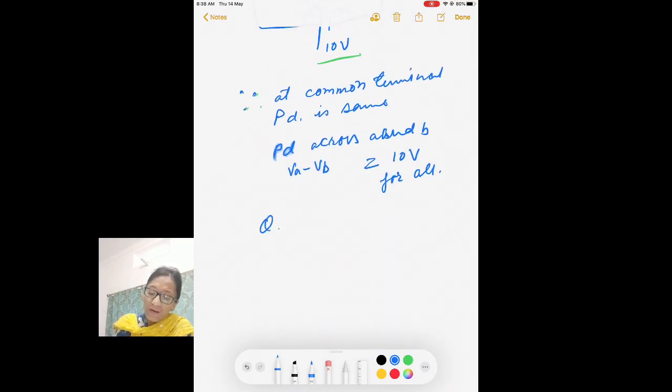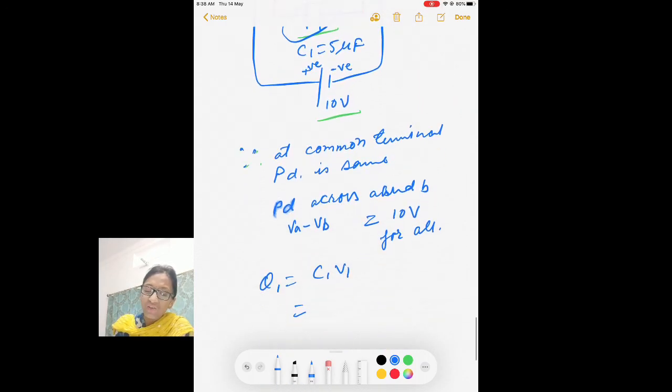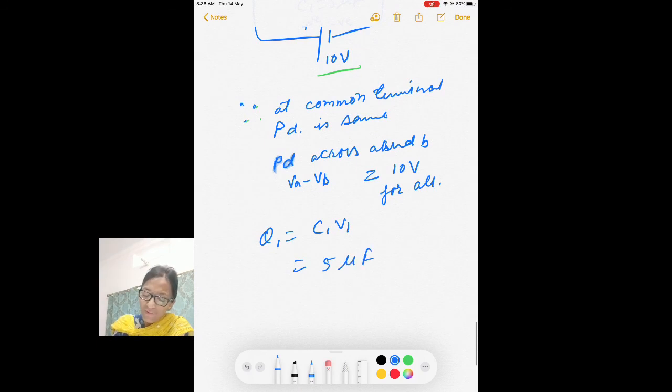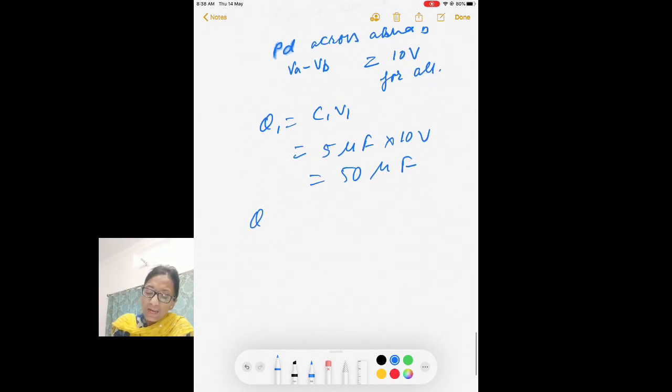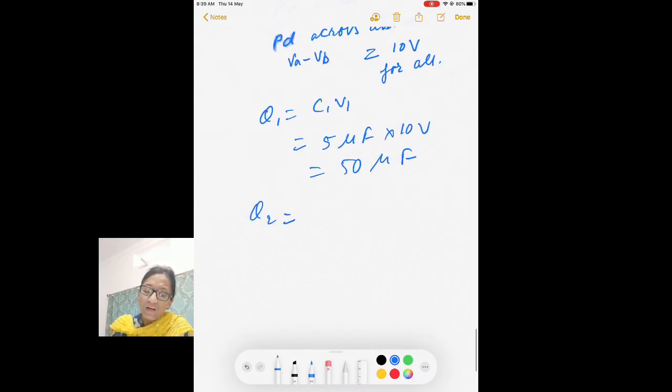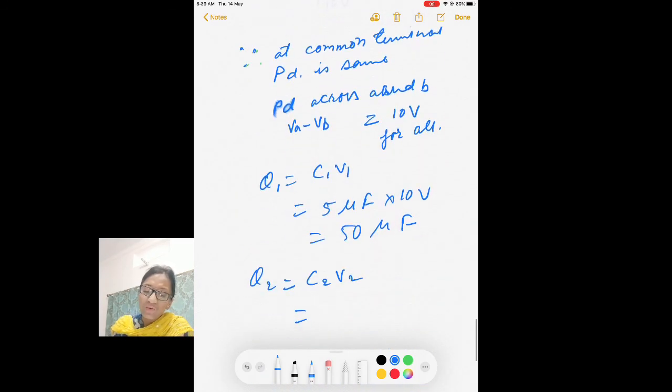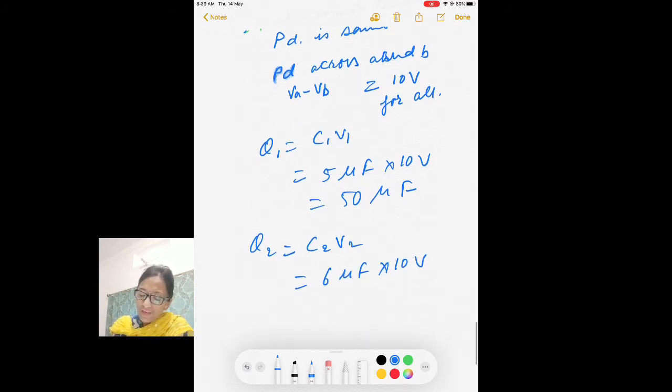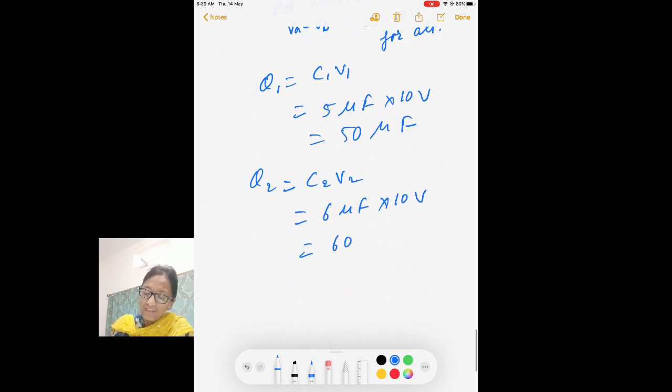Let me find Q1, which is equal to C1V1, which is C1 given 5 microfarad into V1, 10 volt, and this is equal to 50 microcoulomb. Q2 is equal to C2V2, C2 given 6 microfarad into the same 10 volt, and this is equal to 60 microcoulomb.